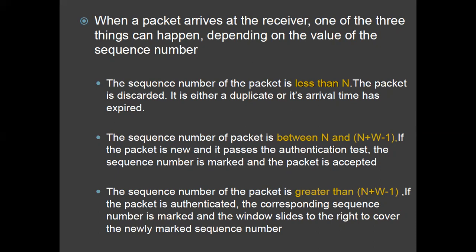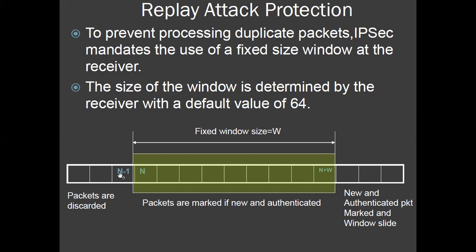This puts the packet inside the window, in the shaded region. In this case, if the packet is new, not marked, and it passes the authentication test at the receiver side, then the sequence number is marked and the packet is accepted. Otherwise, we reject the packet.